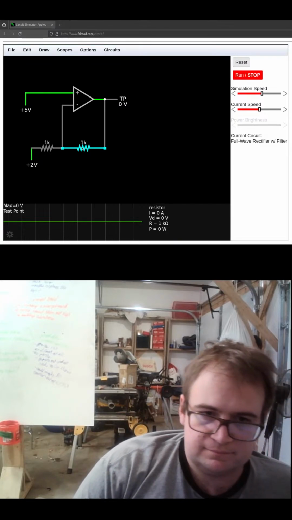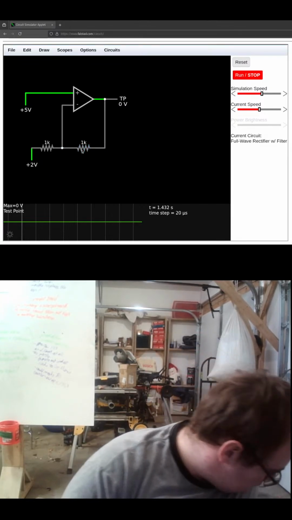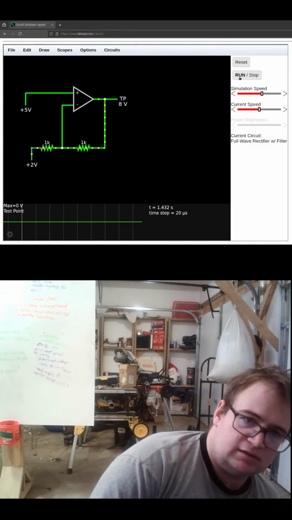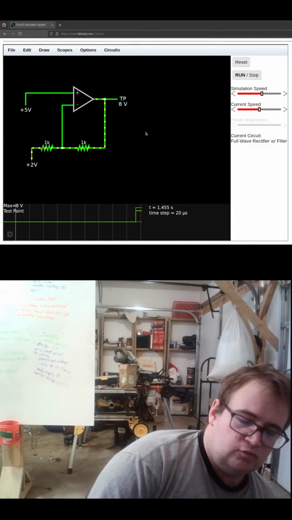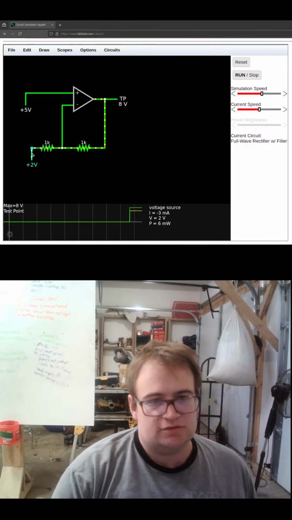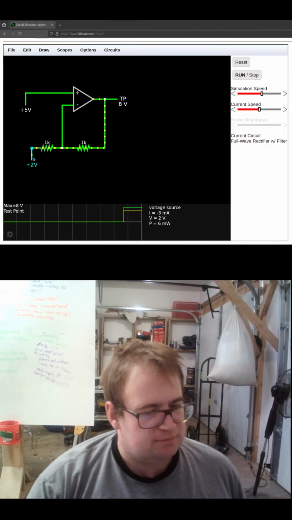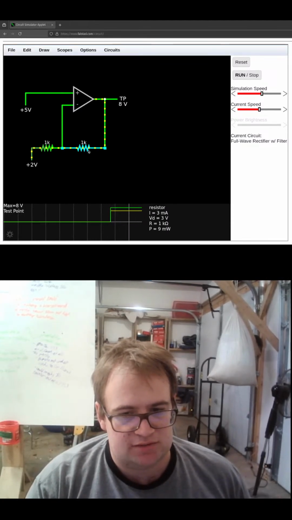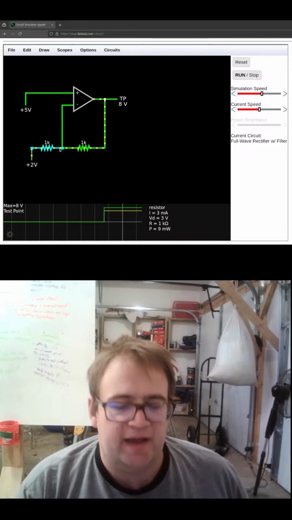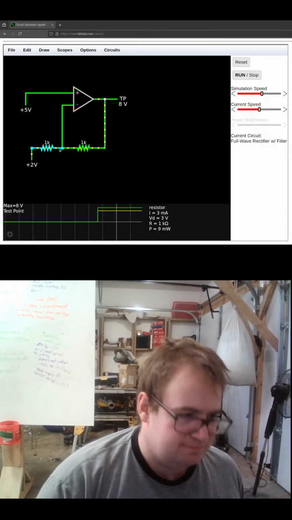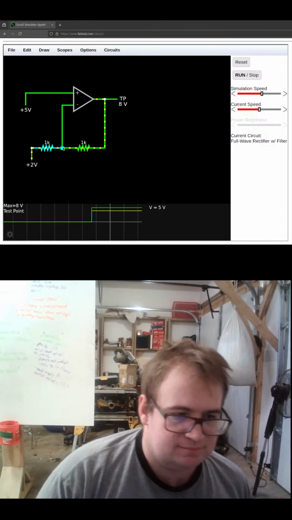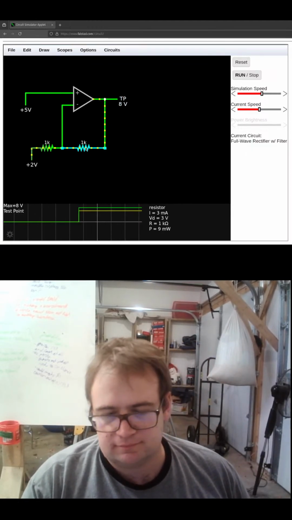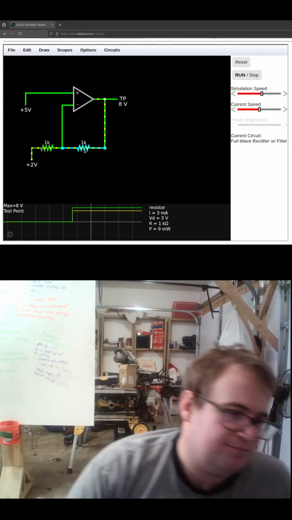So I would say we would have about 11 volts here. Oh, no, wrong. 8 volts. Let's see. Yeah, so we do have 3 milliamps going through here. Oh, yeah. No, that's right, because, no, that makes sense.